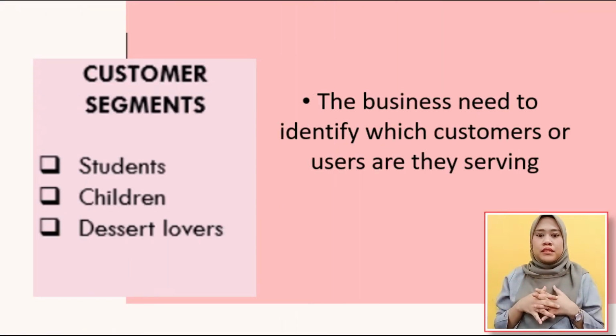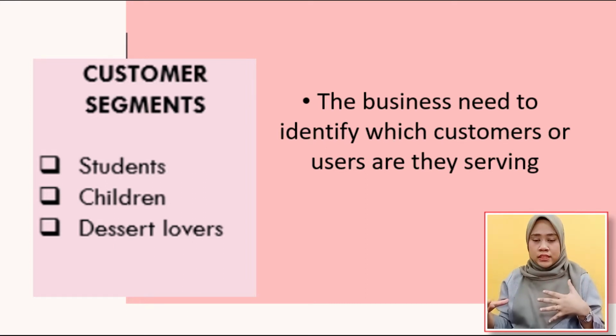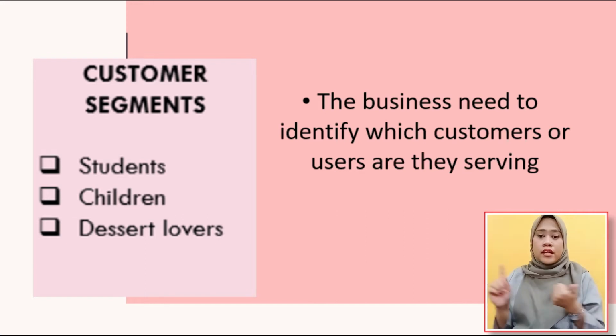The first element in the business model canvas is customer segment. Customer segment is where the business divides the customers based on their similarities such as age, gender, interests, and spending habits. The first thing that a business needs to do is identify which customers and users they are serving.